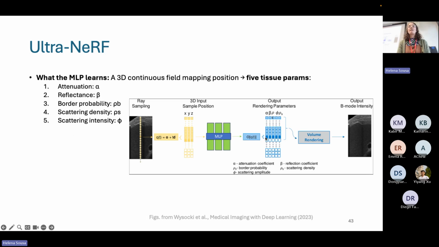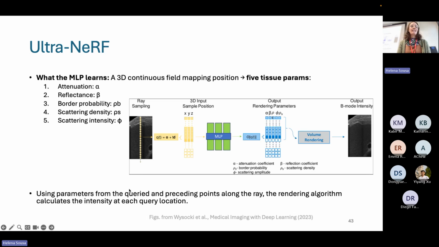And then they use these predicted maps in an ultrasound rendering algorithm that was based on some previous work to output the specific intensity and then train this model. The rendering algorithm uses intensities at each query location and also all of the preceding ones.